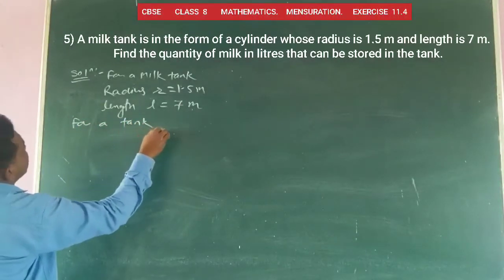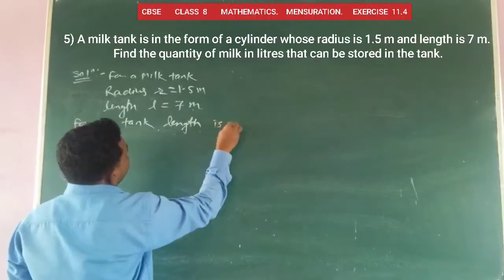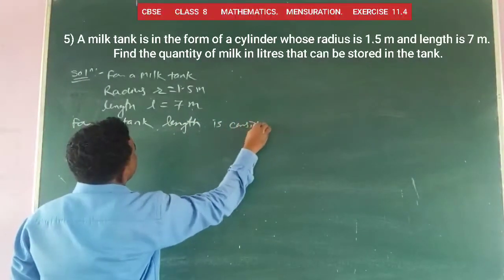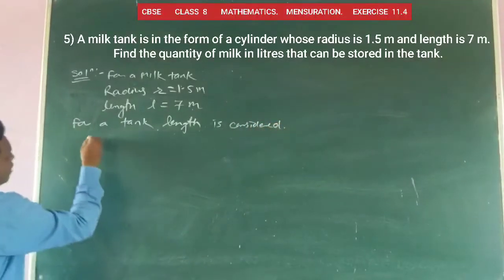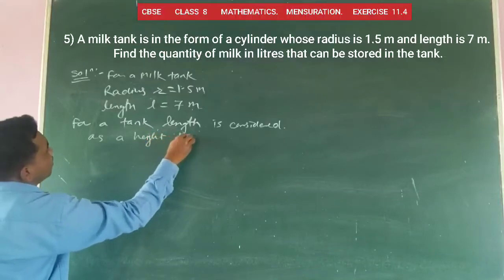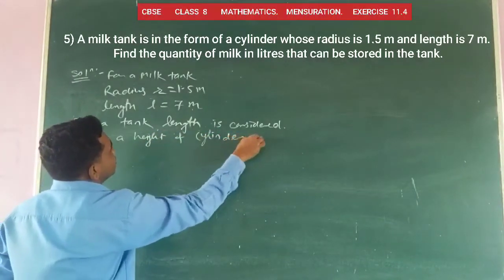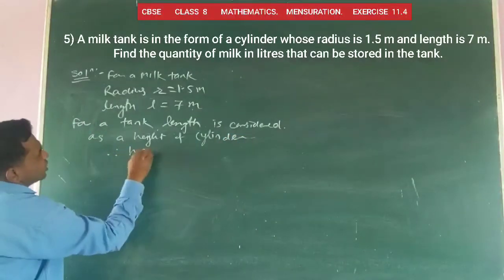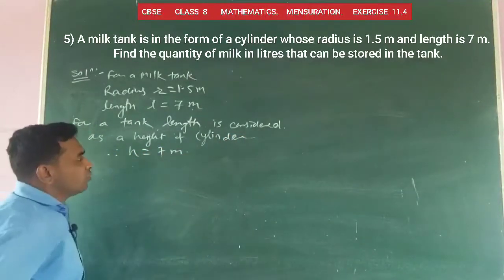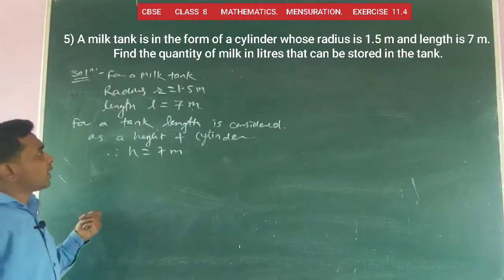For a cylindrical tank, length is considered as the height of the cylinder. So therefore h is equal to 7 meter, and we have to find out the total milk occupied by this tank.